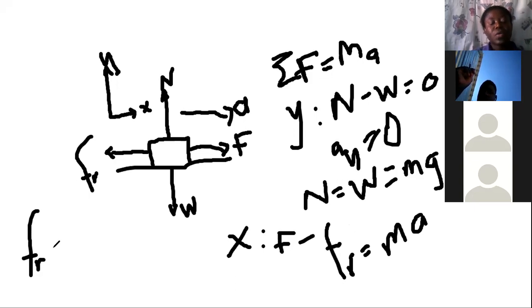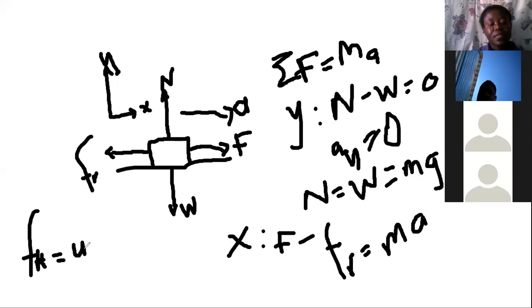Remember from our notes, the friction force is equal to the coefficient times the normal force. This book is moving, and the question asks for the force required to keep it moving at a constant speed, so we use the kinetic friction.